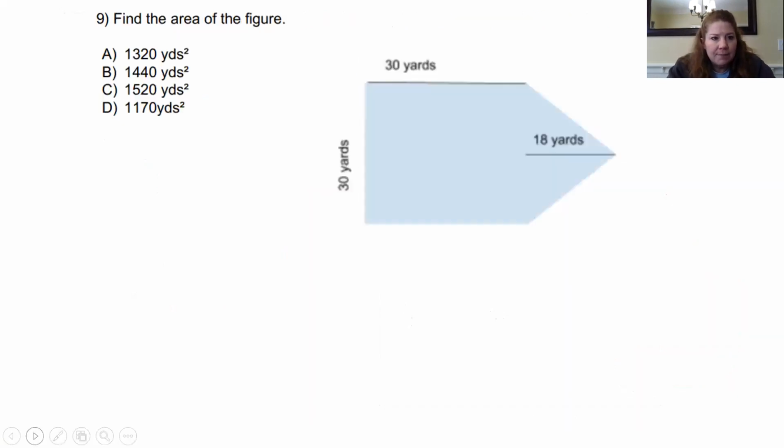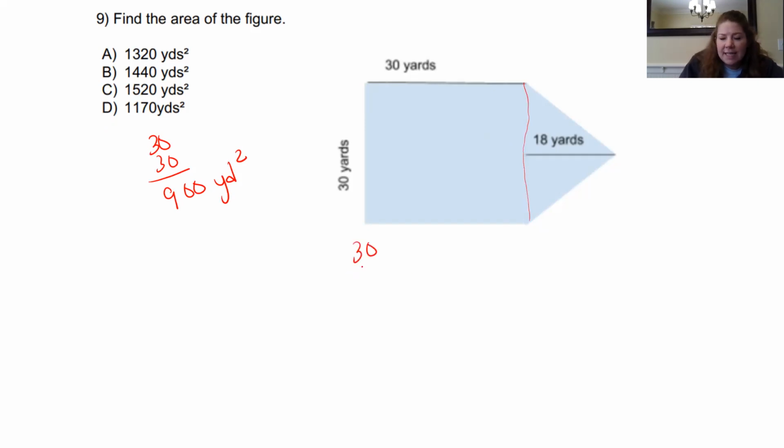All right, anyway, number 9, find the area of the figure. So this figure is a square with a rectangle, a triangle attached, right? First of all, our square is a 30 by 30 square, which gives us 900 yards squared. And then we have a triangle over here with a base of 30. So 30 times 18.